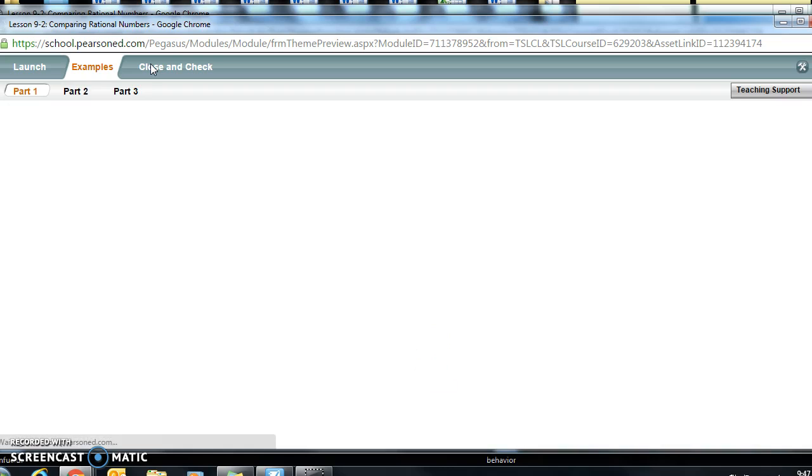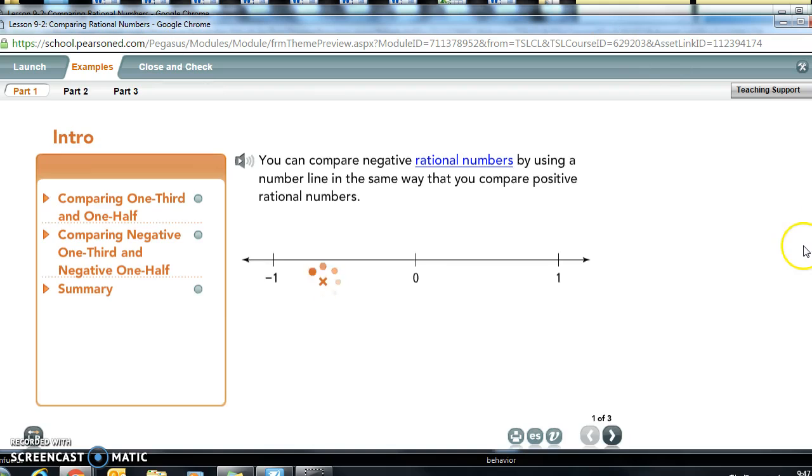So today, in your notes, I'm going to go ahead to the key concepts. You can compare negative rational numbers by using a number line in the same way that you can compare positive rational numbers. So you should see this snip on your page. What I want you to do is write the following.